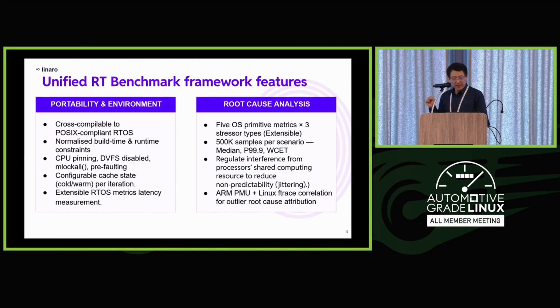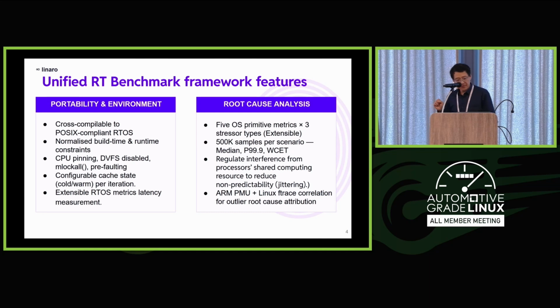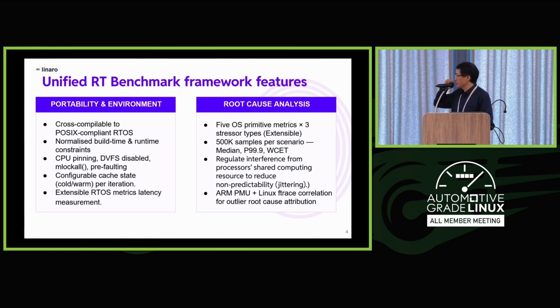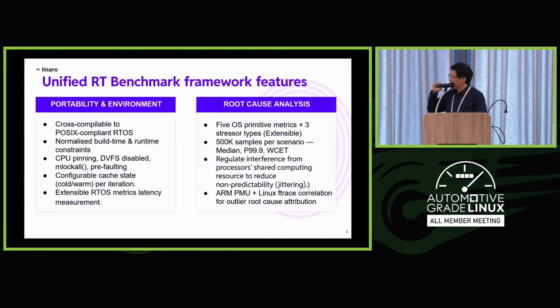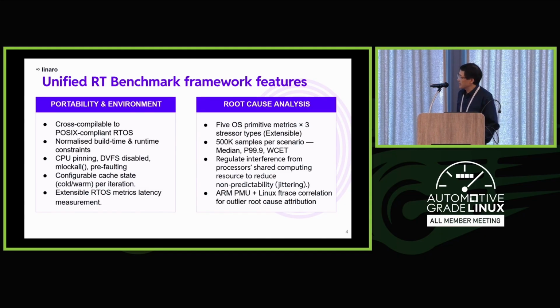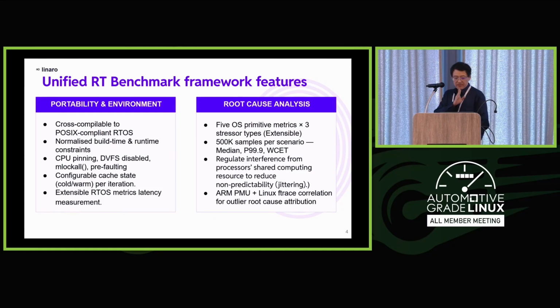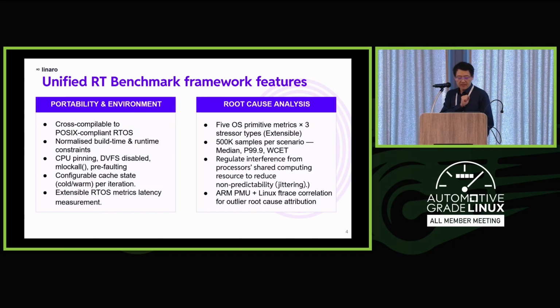The expectation is that we have a built-in set of metrics we're going to benchmark, but the framework is meant to be easy to extend. So this is the first design goal.